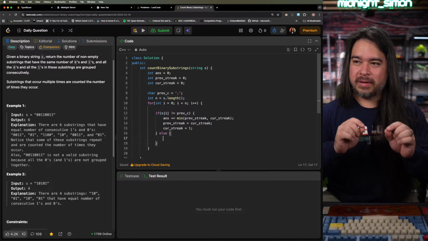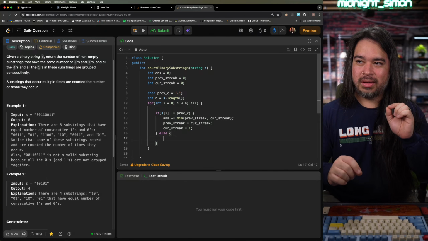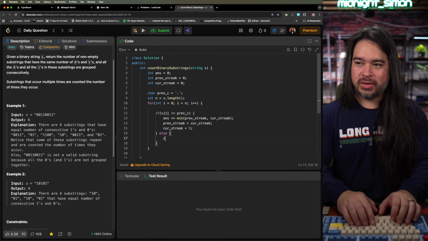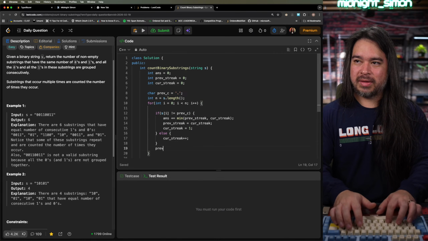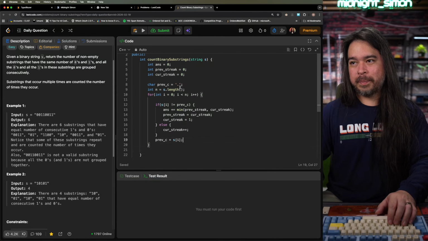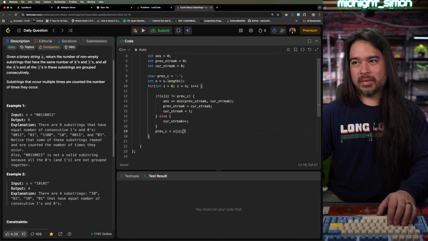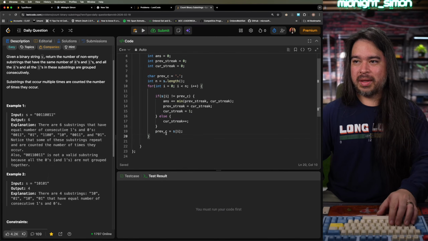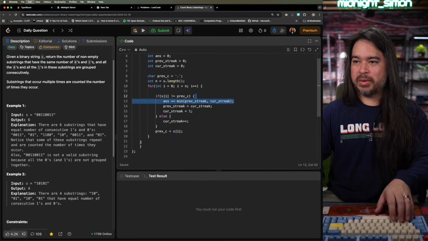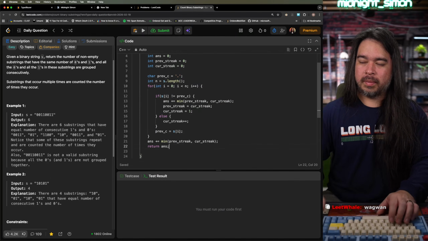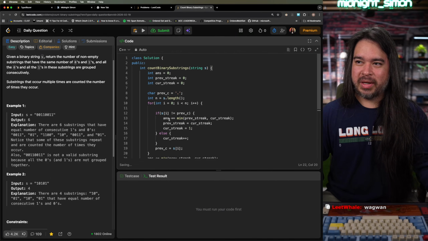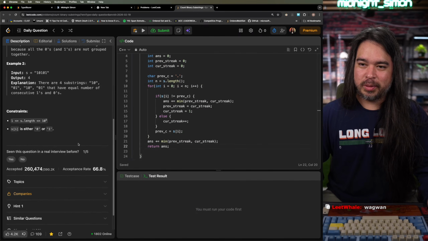Otherwise, if they're the same, then we just increment the current streak. And then here we set the previous character to the current character, S[i]. And then what? Is that it? And I guess we do this one more time at the end. That's what my mind thinks when I see this problem.